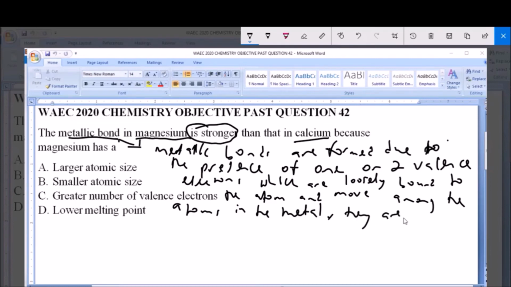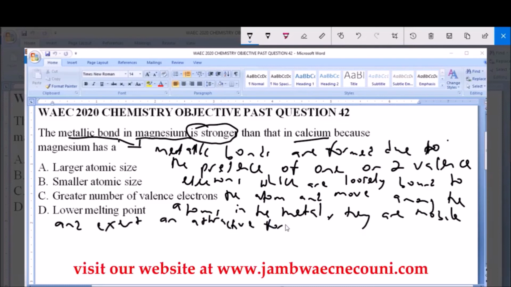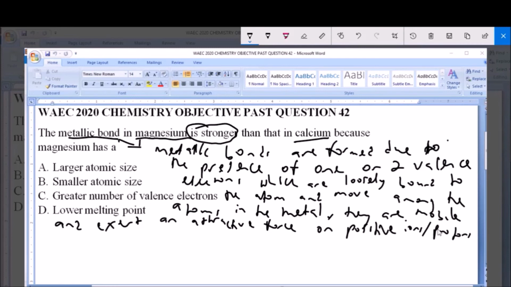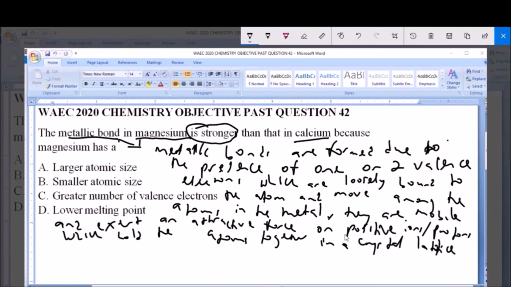They are mobile, that is, those valence electrons are mobile, and they exert an attractive force on positive ions or protons, which hold the atoms together in a crystal lattice. So what holds the atoms together in crystal lattice are usually the positive ions.